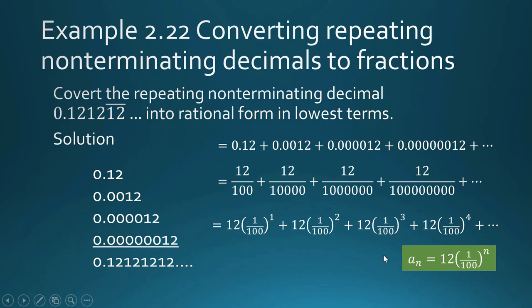And so our concern now is to look for the sum of this geometric series. Does it even have a sum? Yes, it has a finite sum because the common ratio is less than 1. That finite sum is the rational form of this non-terminating repeating decimal number.